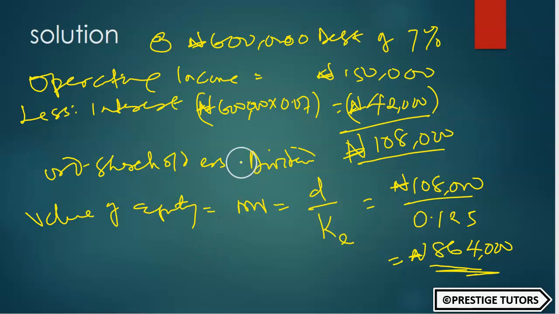And one of the assumptions says there is no retained earnings. That means we paid everything as dividend. So this goes to tell us that though the cost of debt is cheaper compared to the cost of equity, the value of the firm keeps dropping the more you go out to take debt.